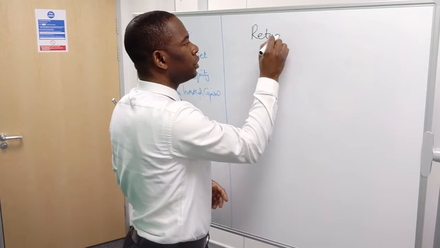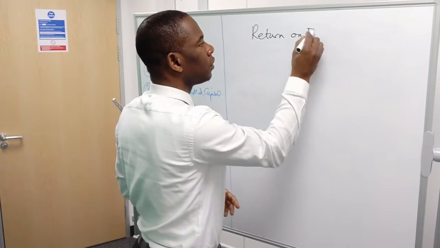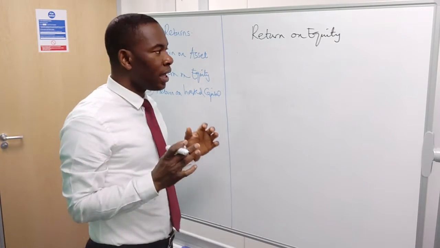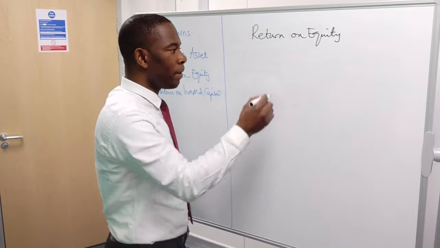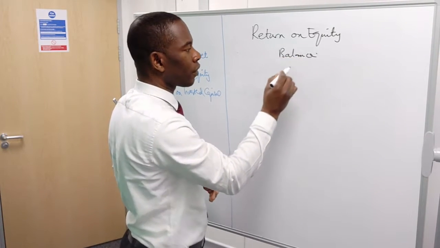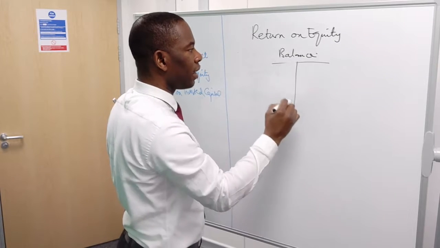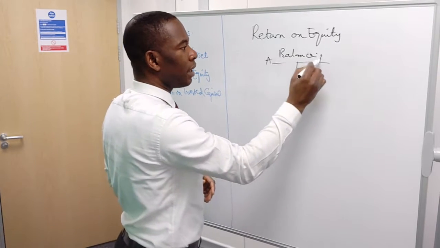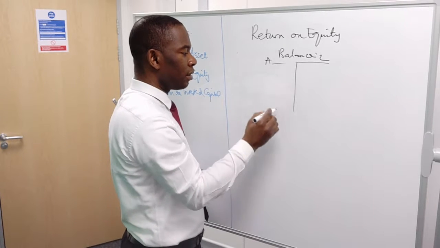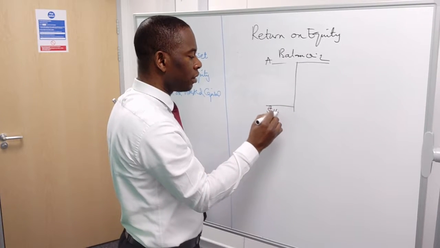Next, return on equity. So let's assume that we go to our balance sheet. This is our balance sheet. We have our asset and liability. Let's say our asset is again $100.